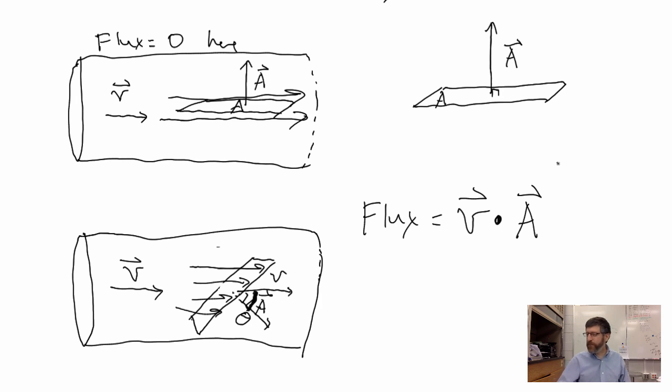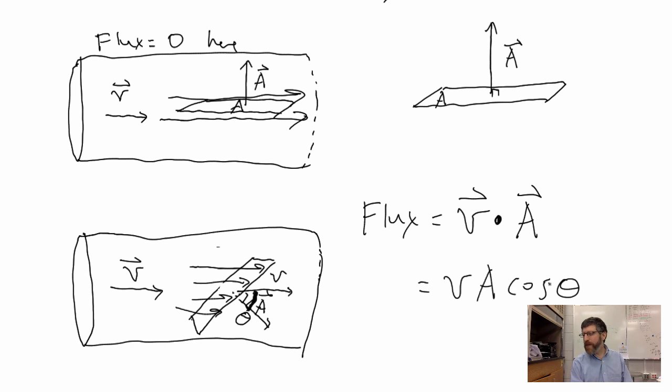Notice the A vector is at a different angle than the actual area itself. It's always the A vector. So that means just VA times the cosine of the angle between those two vectors. You always put them tail to tail to figure that out.